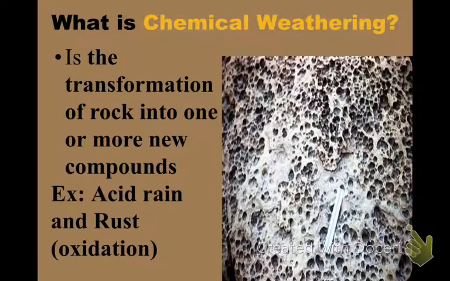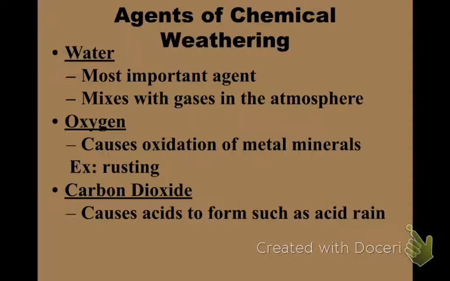So next slide. Here are your agents of chemical weathering. When I say agents of chemical weathering, I'm simply referring to the three things that typically cause it. Water is going to be one of the biggest, most important, and main factors in causing chemical weathering. It can also cause mechanical weathering, but here we're just going to look at how it can cause chemical.